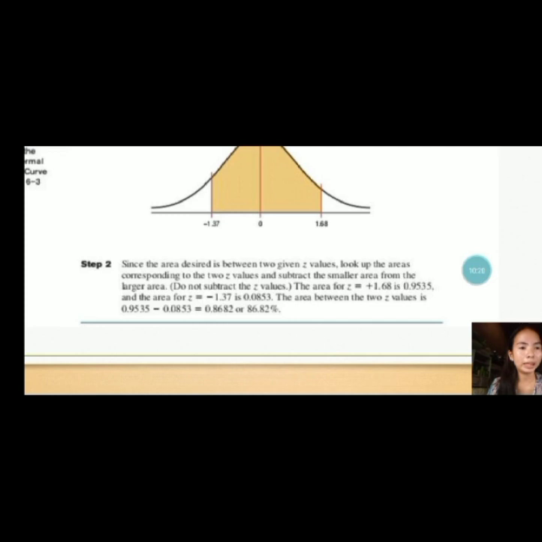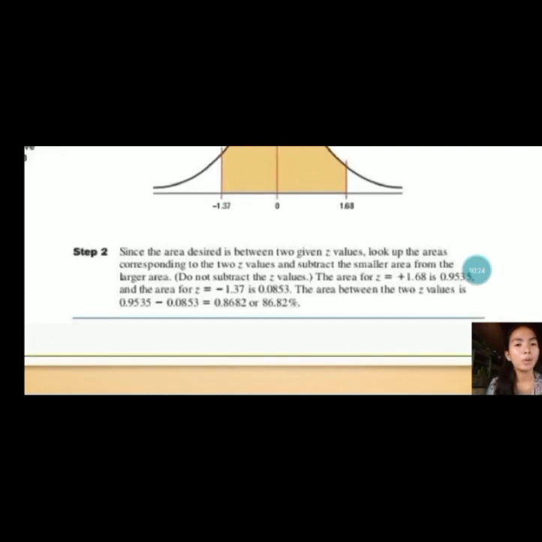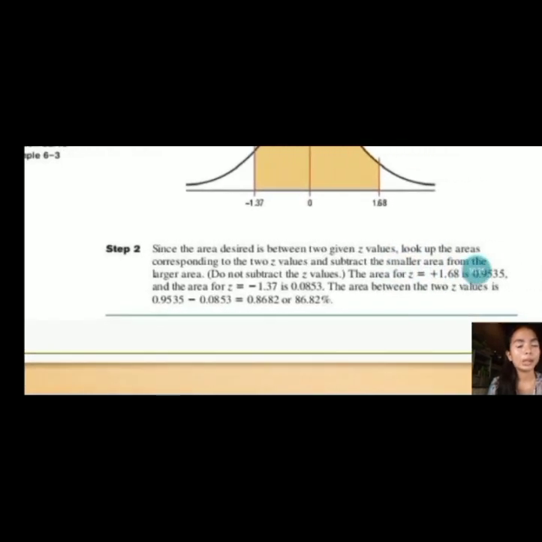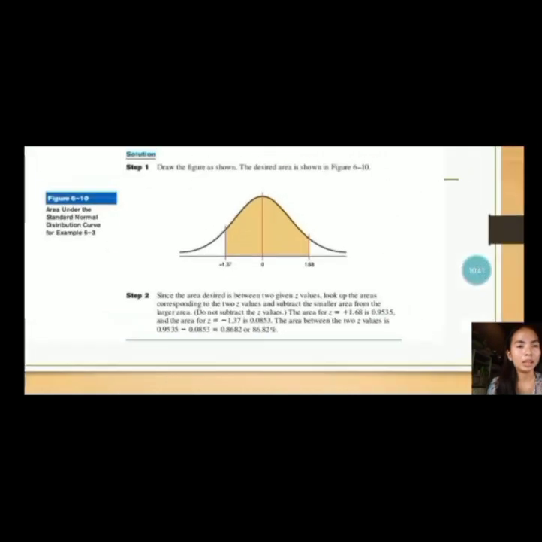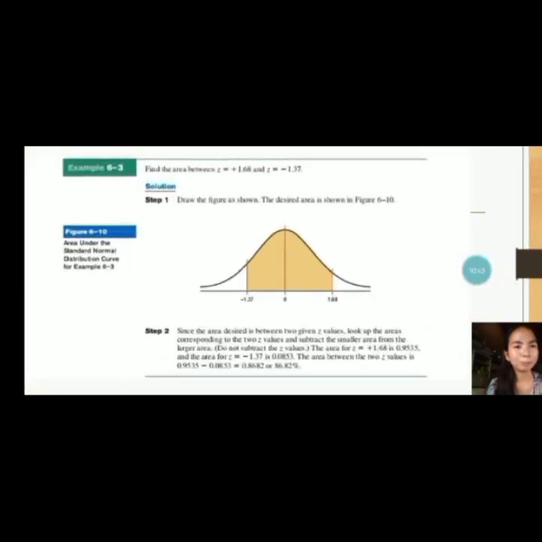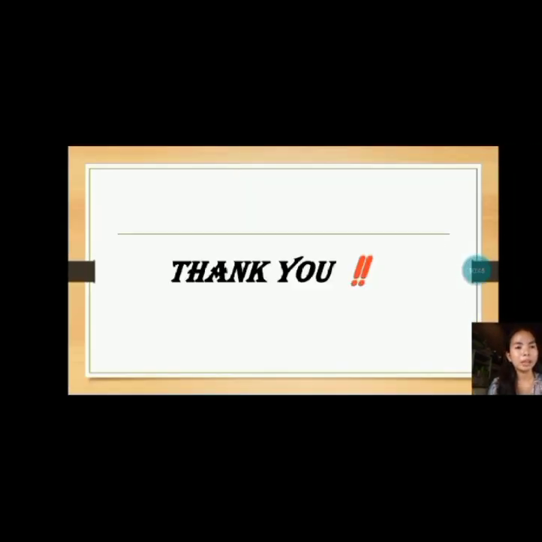And then I have mo siya i-minus ang both niyan. 0.9535 minus siya sa 0.0853 equals to 0.8682 or 86.82%. So, mana na siya ang sa between. Yan. And I think that would be my report.